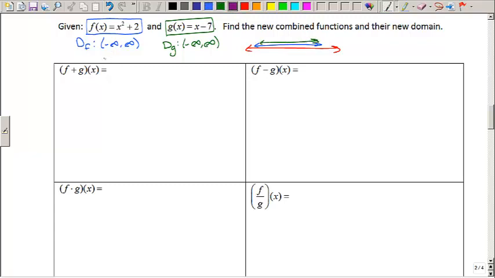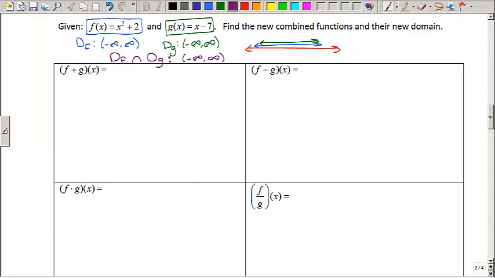The intersection of the domains, or basically the common values between f and g's domains, is again all real numbers. There are no excluded values for f, there are no excluded values for g, so my domain for my combined functions will start with all real numbers.